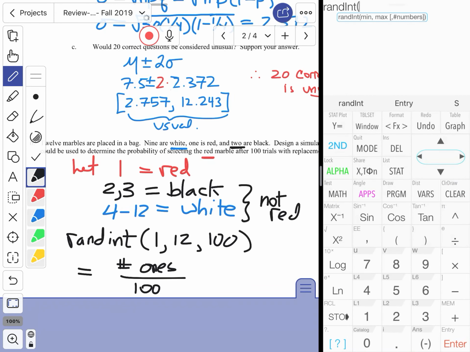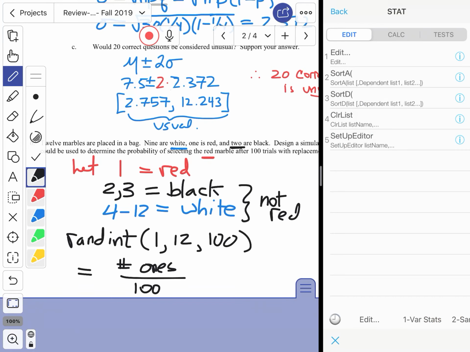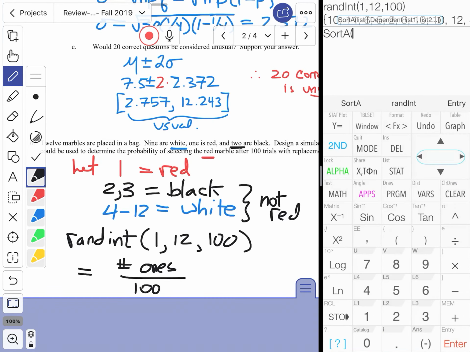Math probability, option 5, 1, 12, 100. I just really, the whole point behind this exercise is for you to demonstrate that you know how to set up a simulation, not that you know how to carry one out. All right. So I would sort my information, sort ascending. Oh, I never stored my data. Do that again.